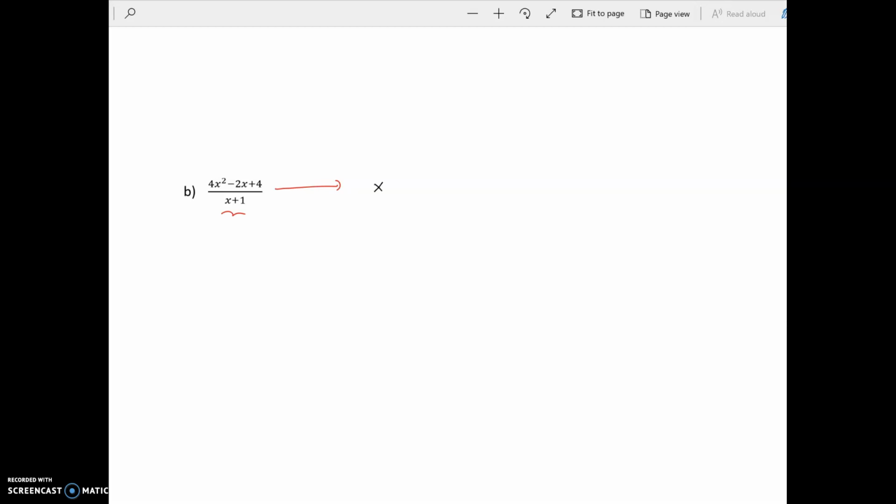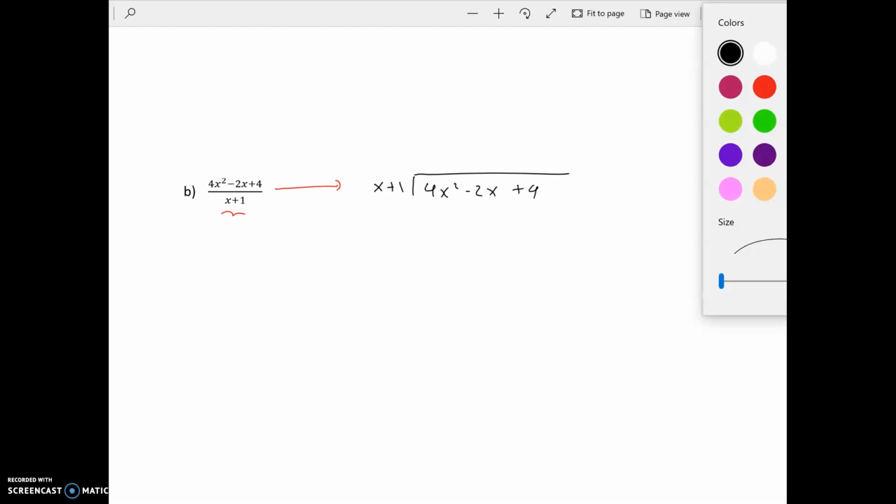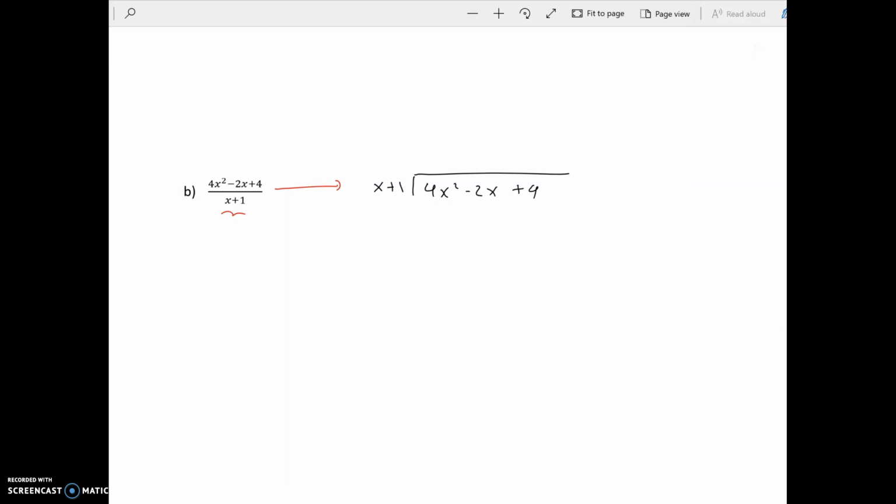So we're looking at x plus 1, and as we carry the division, let me just rewrite this in this format. We're looking at 4x squared minus 2x plus 4. And remember that this algorithm starts as follows. So you're first looking at x times what? It's going to give you the first term.